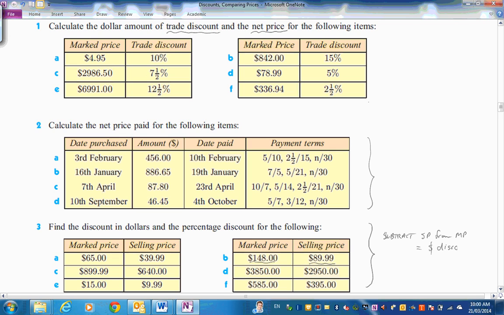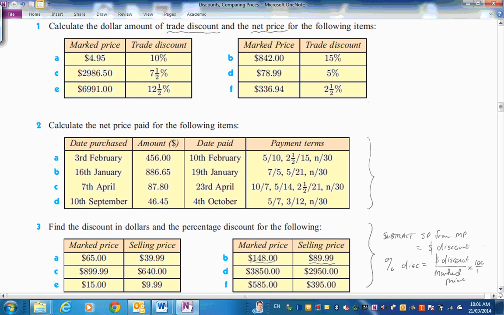And do you remember how to work out a percentage going this way? Percentage discount is equal to dollar discount divided by the original price, which is the marked price, that's what you should be paying, times 100 over 1. That's converting it to a percentage.